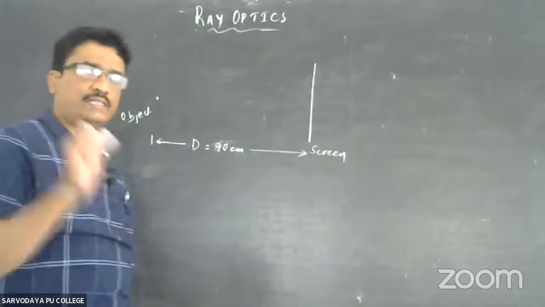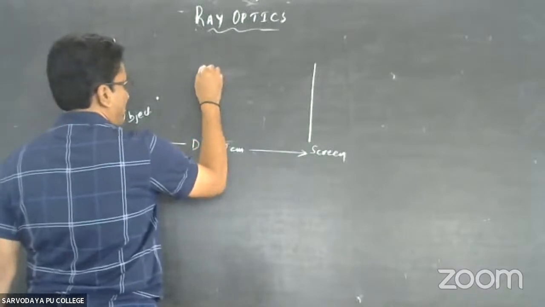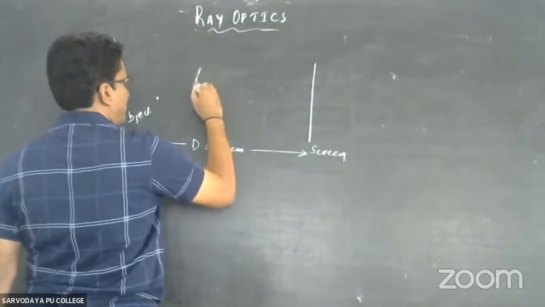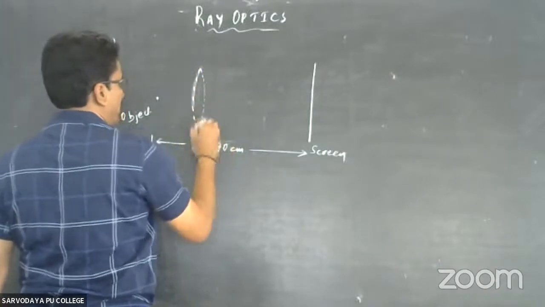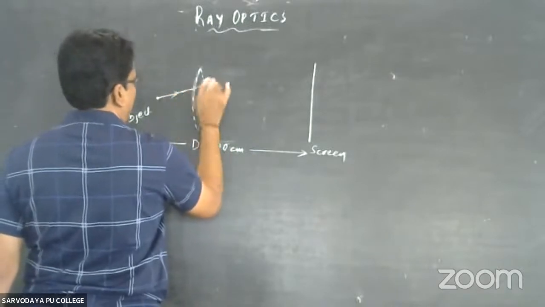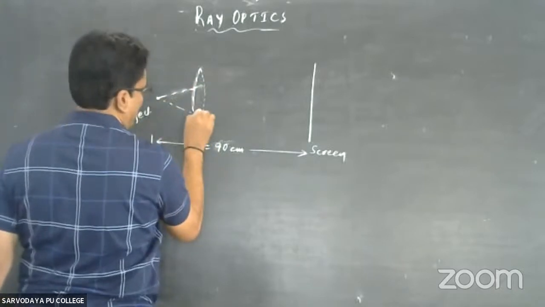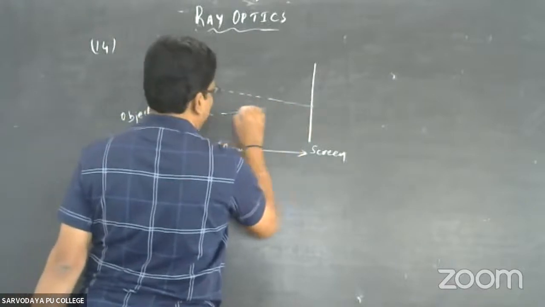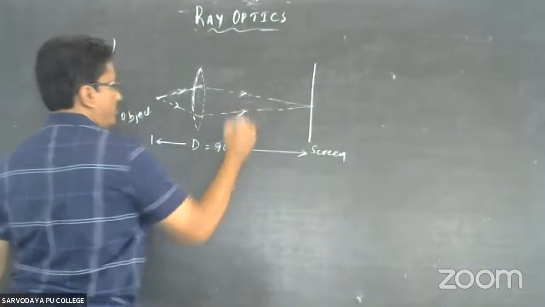The convex lens is there. Initially, when the lens is placed at a point close to the object, the rays coming from the object will converge onto the screen and we get the image.